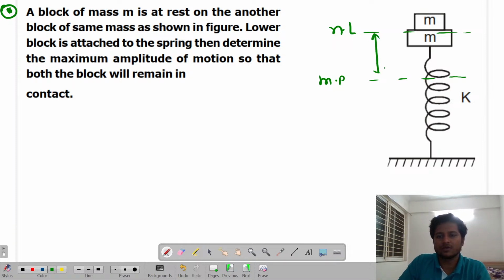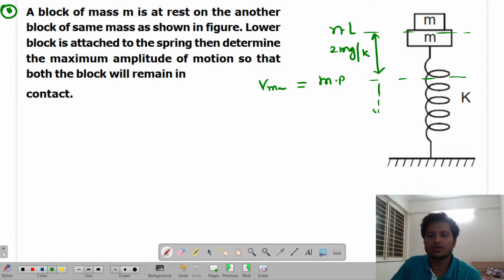Yeah, so this length will be how much? 2 mg by k. That is my mean point, right? Now think about this: if here my velocity is not equal to 0 but v max, then it will get compressed, then once again rise up, and once again go beyond that. But only if the velocity is more.